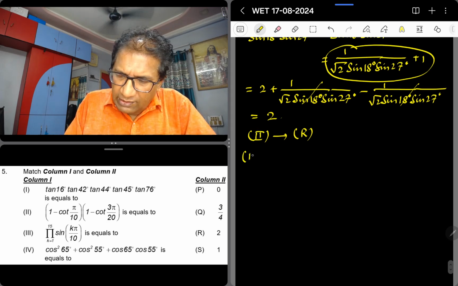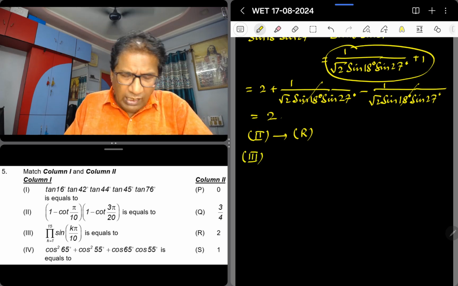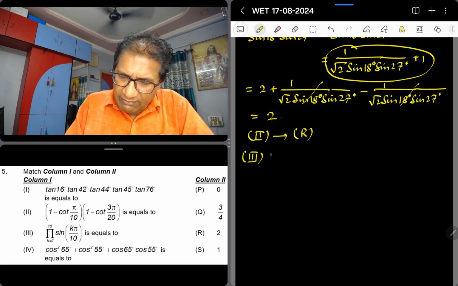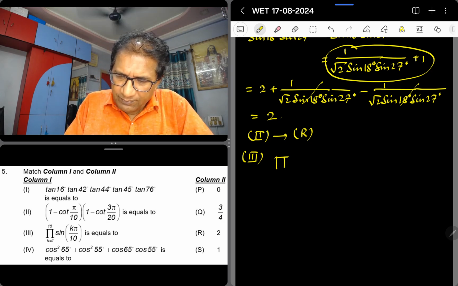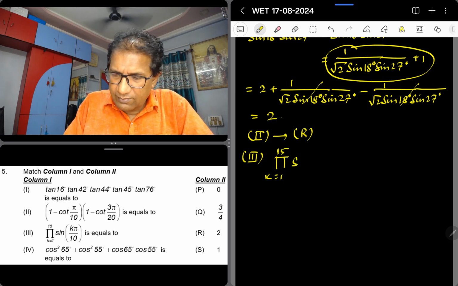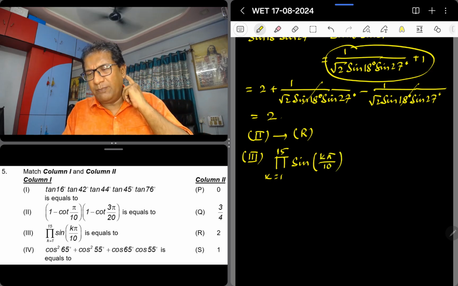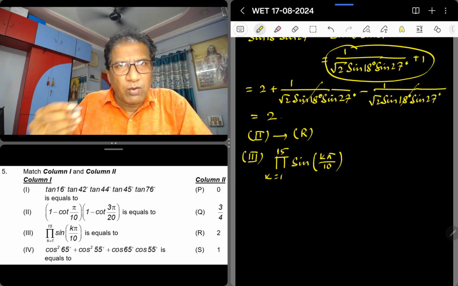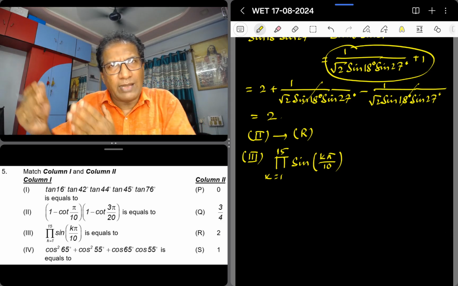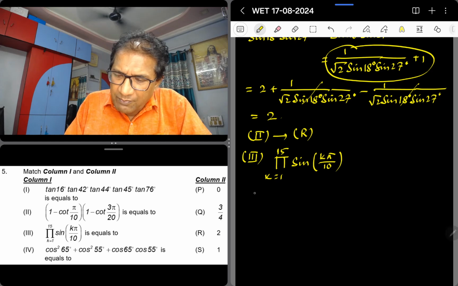Now let us consider the third part. Now the third part is a very interesting one. They have said product, k is from 1 to 15, sine k pi over 10. Now if you observe carefully, in place of k, I will put 1, 2, 3, 4 and all are multiplied because of the product.